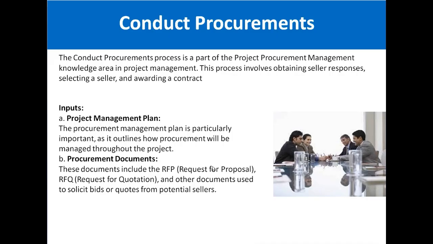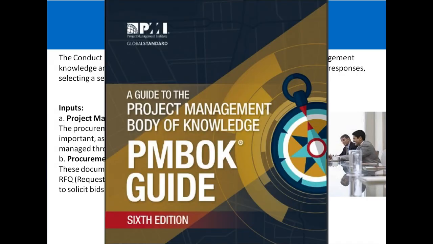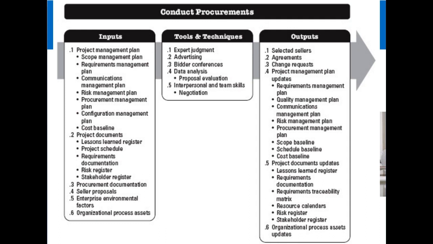Friends, Conduct Procurements is basically a process defined in the PMBOK Guide, the Project Management Body of Knowledge, which is part of the knowledge area Procurement. Now, what is actually procurement? Whenever we are working in any organization and dealing with different projects, we have to acquire different things, like hardware, services, material.